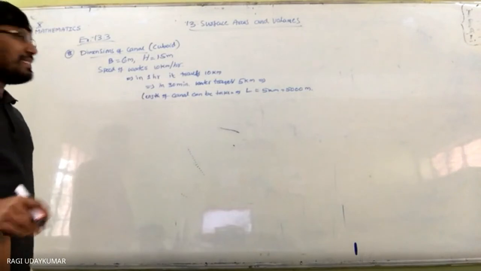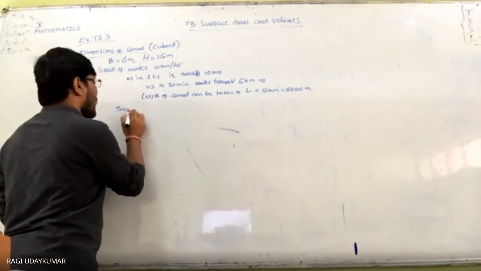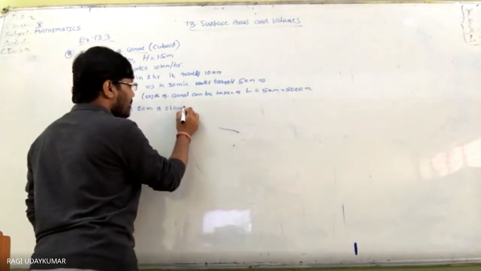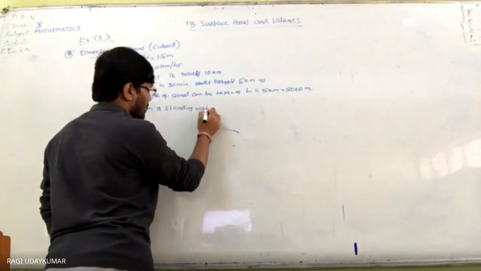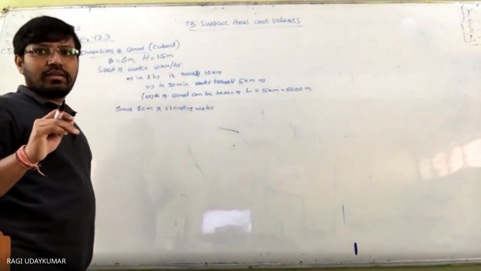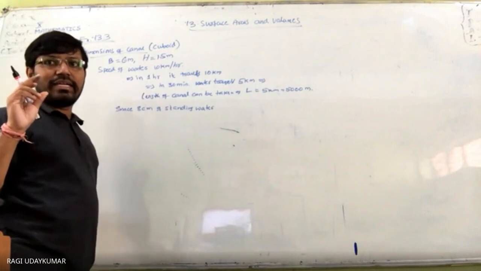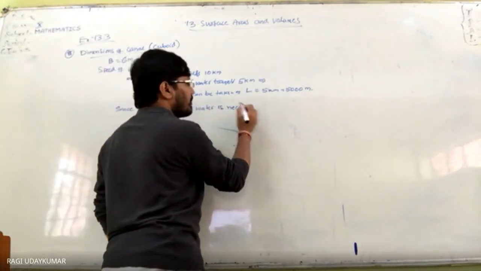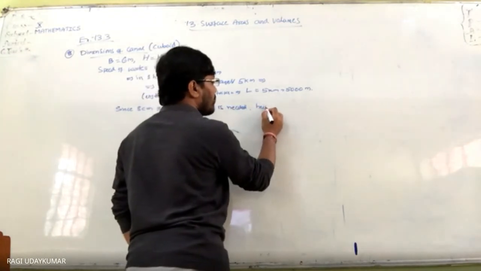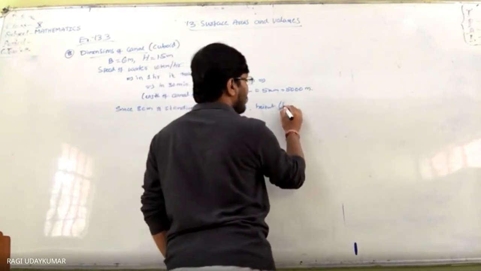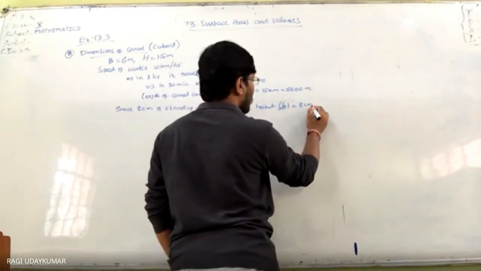And here, since 8 centimeters of standing water. What is the given? 8 centimeters of the standing water. Water should be standing, but height is needed. Height of the water can be considered here. Small h is equals to 8 centimeters.